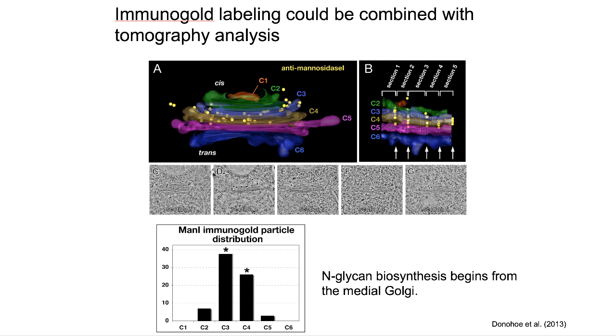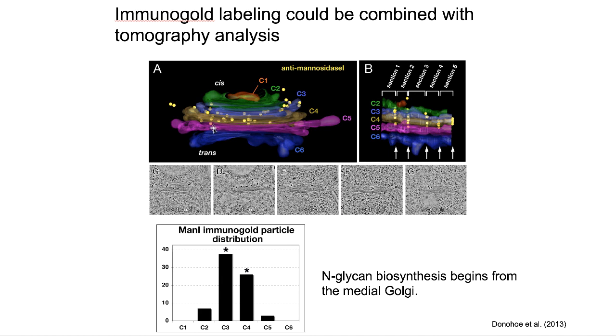For example, this is the localization of mannosidase 1 in Arabidopsis, and gold particles are shown here as yellow spheres. This is overlaid with the Golgi model generated from the tomogram of this Golgi.